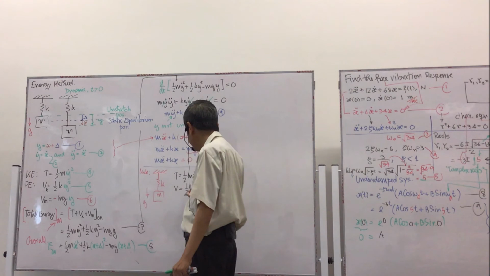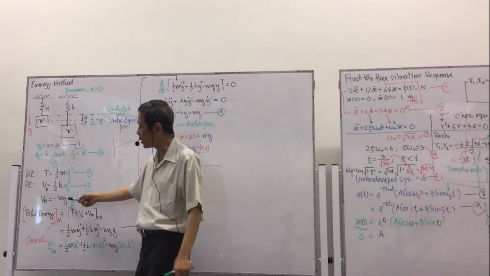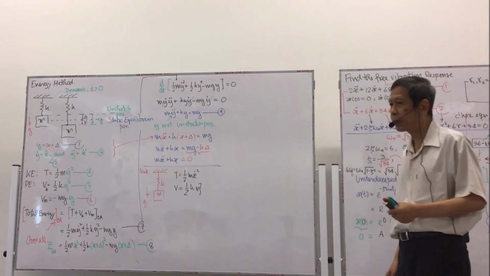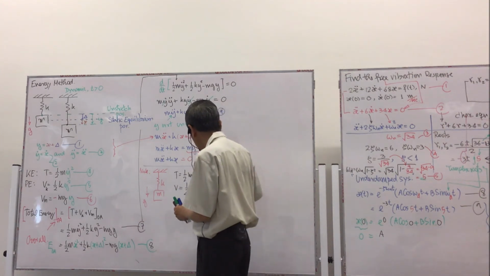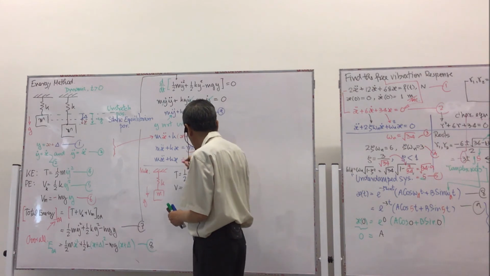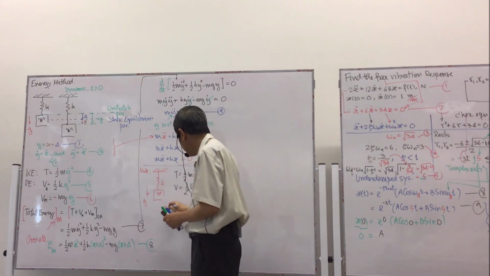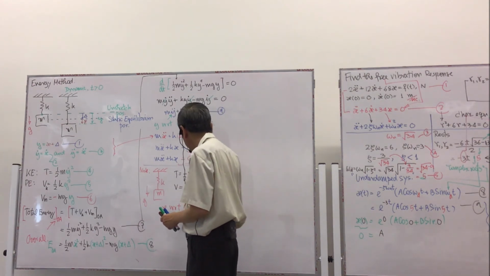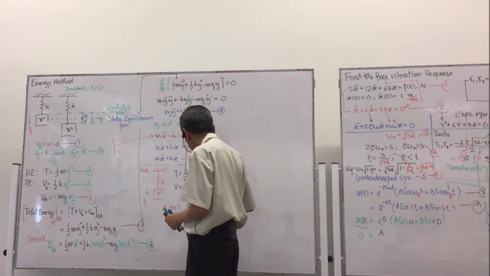Notice that the energy of the mass m g and k delta cancel, so we have no need to write that down. I made a mistake in writing here: this is x, this is x, where x is the coordinate with respect to the equilibrium position.